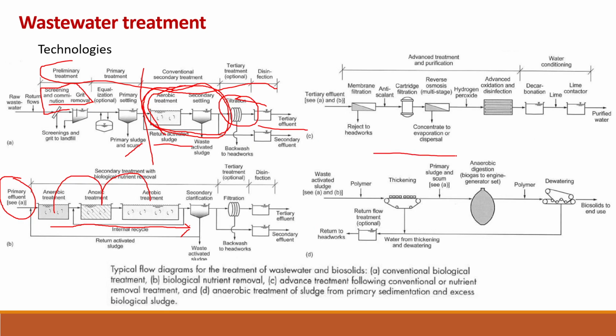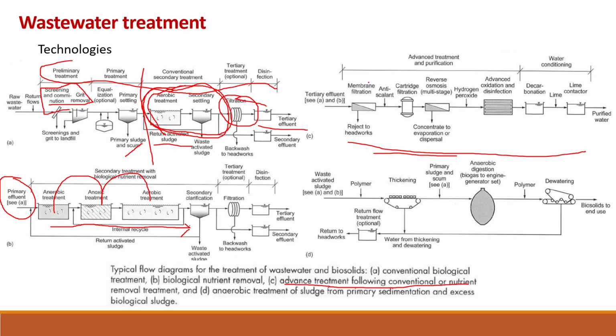Similarly, the third figure represents the advanced treatment following conventional or nutrient removal. Suppose the treated water is to be recycled or reused for drinking purposes. Then you have to improve the number of treatment stages so that the water is free of any kind of pollutant. After primary, secondary and tertiary treatment, you again add a number of stages.